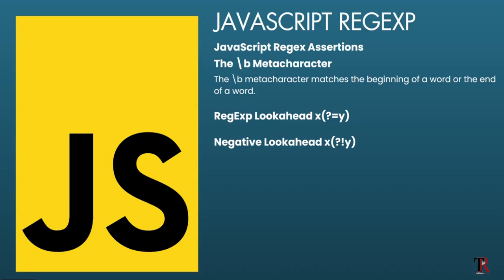Going forward, let's take a look at an example of how the \b meta character can be used to match the beginning of a word. Let's look at an example.